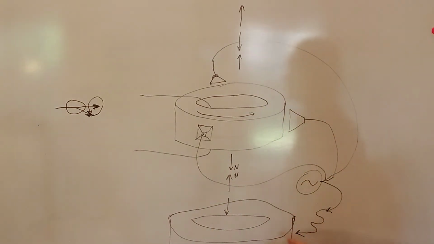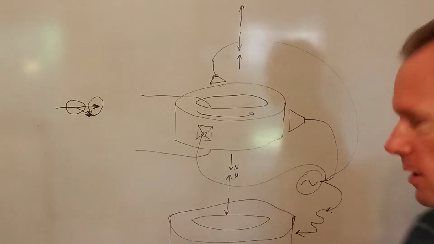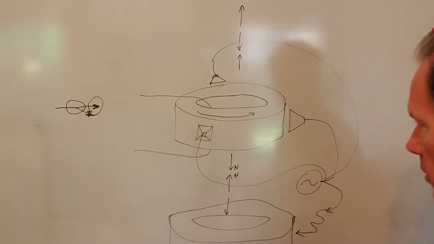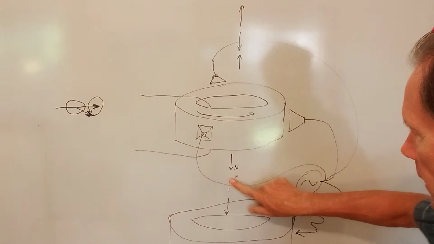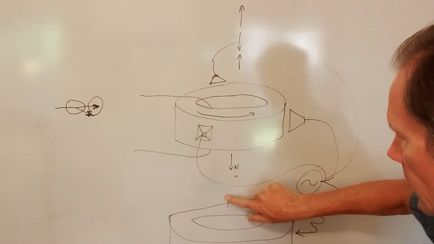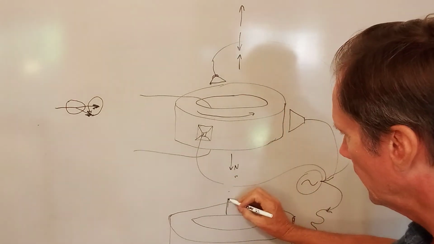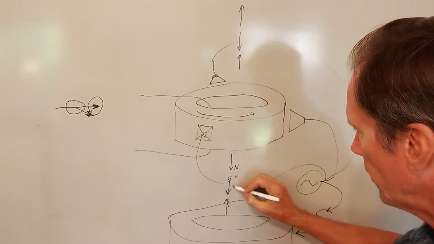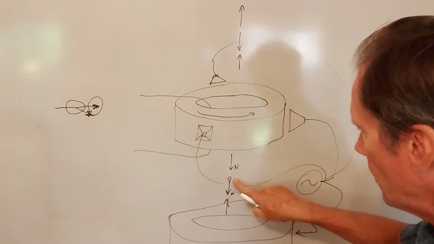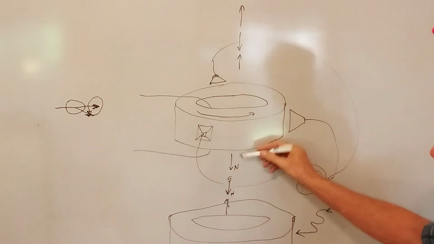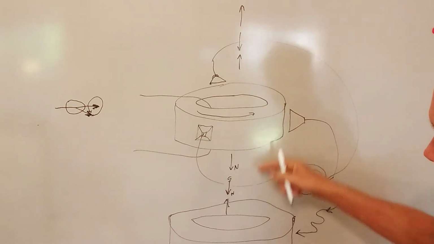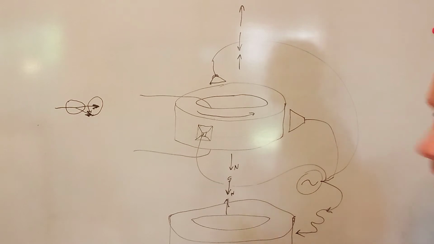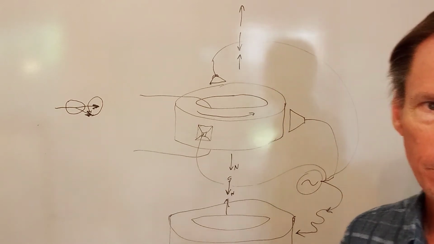If you adjust the phase of the microwave signal stimulating the lower toroid such that it's generating a south, it's toggling one way or the other, and it's generating a south up at the same time this one's generating north down, then they'll feel an attractive force for each other.